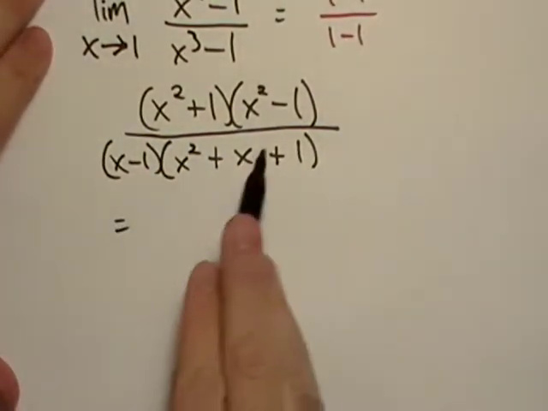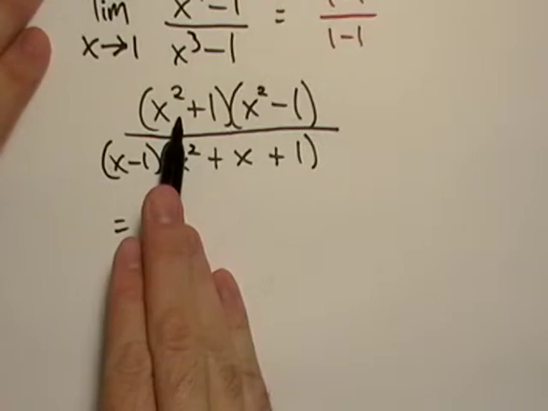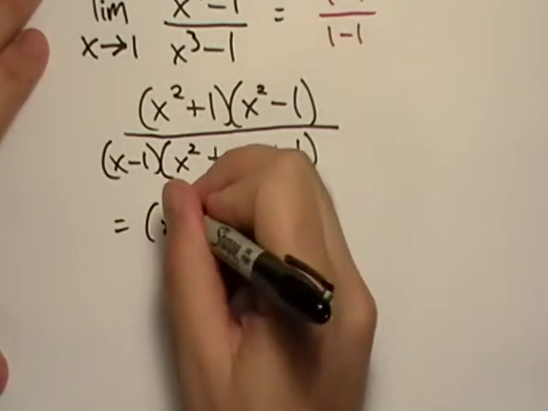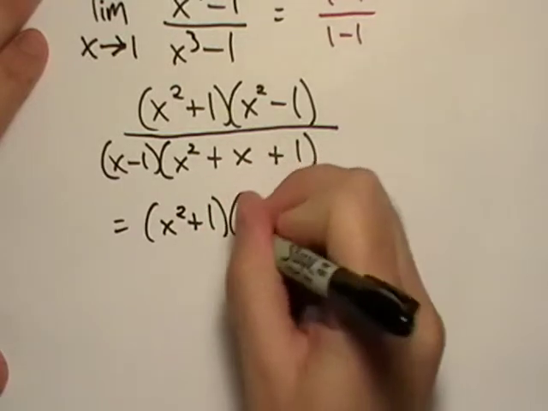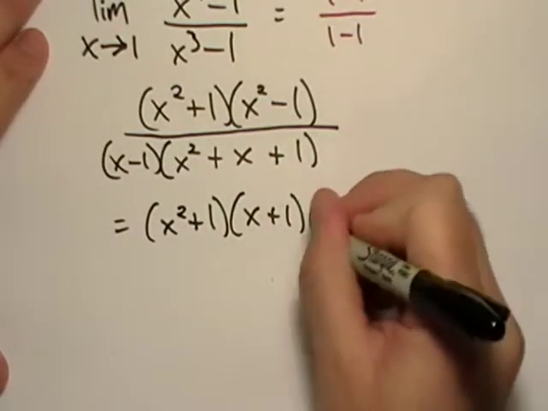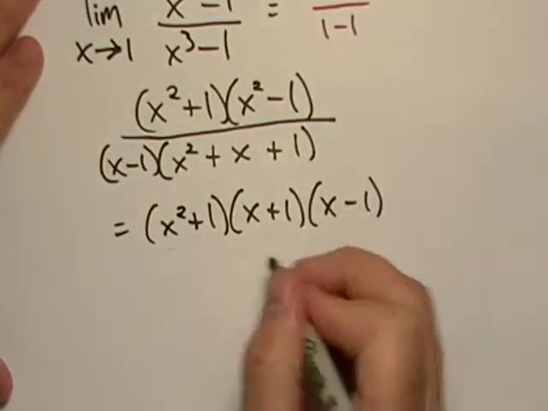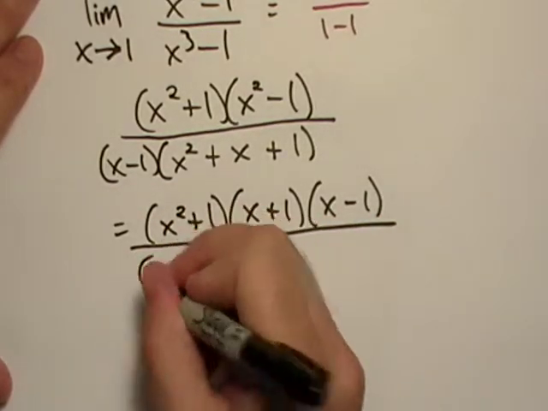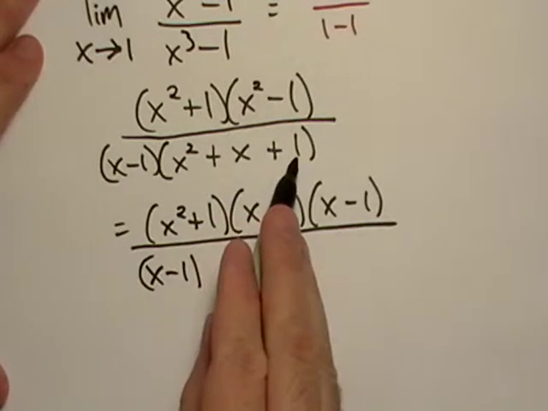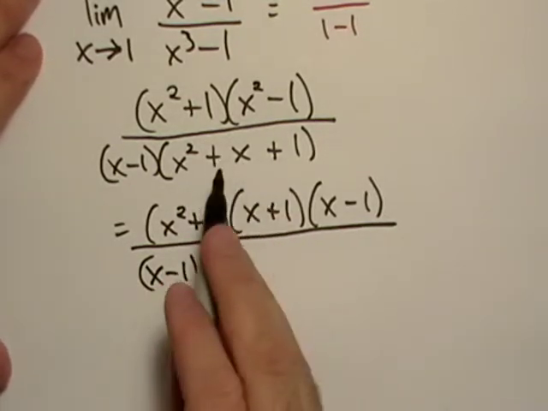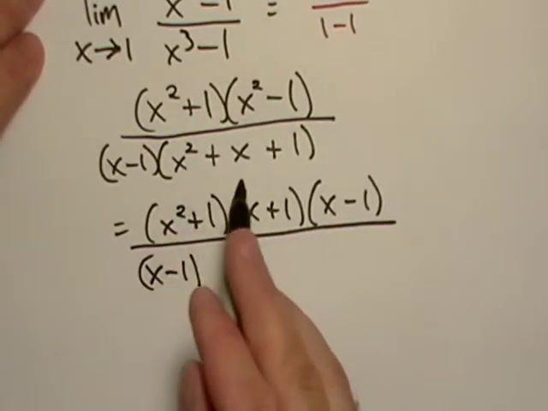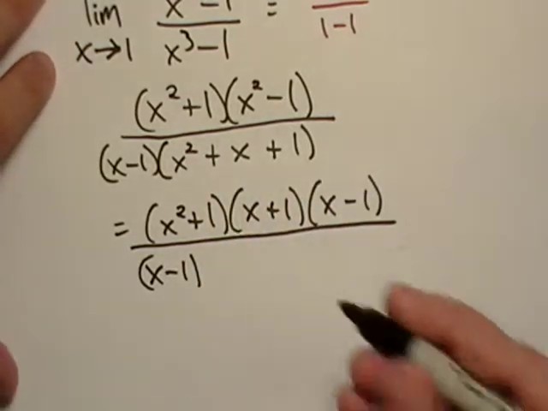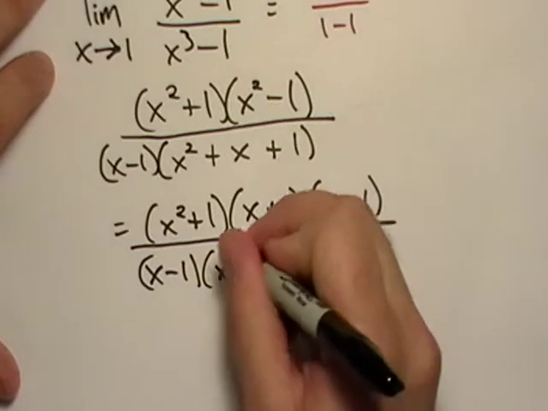Okay, now let's see here. This factor's prime, but this one can still factor out. Okay, I'm going to rewrite x minus 1. This factor is also prime. There's nothing I can do. If I have x plus 1 and multiply by x plus 1, I'll end up with a 2x in there, so this is also prime.